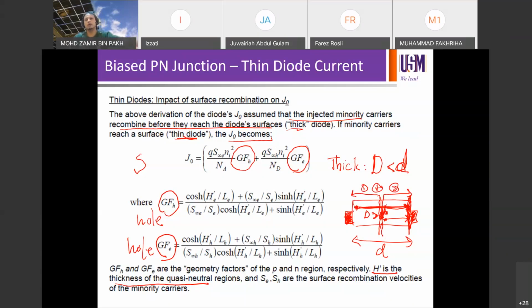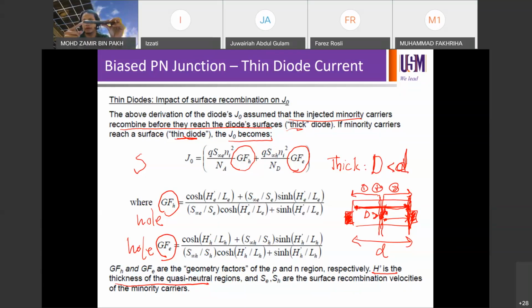For example, as I mentioned a couple of times before, if you have a wafer of 200 micron thick, the depletion region is probably 1 micron or less. If you assume the depletion region is 1 micron, then the depletion region over the whole thickness is 1 over 200, or 0.5 over 100, a very, very small portion.